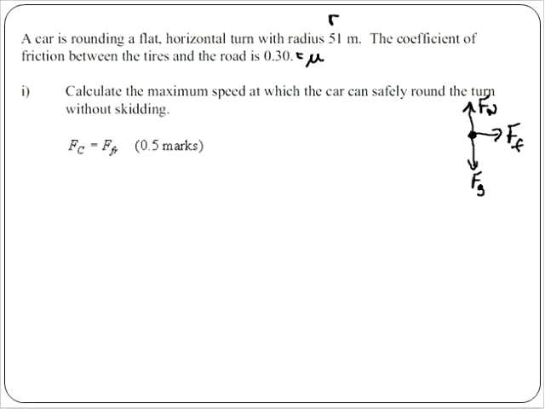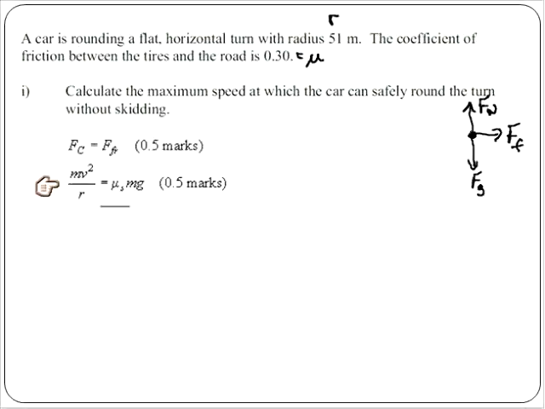So here's what we do. We put mv squared over r in place of Fc, and we put Ff equal to mu mg.